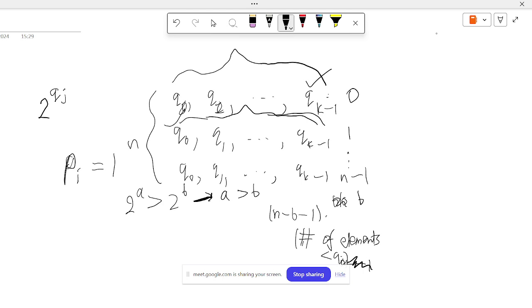Basically, the inversions where the two elements lie in different blocks. So basically, this is just going to be n minus b minus 1 times the number of elements less than qi, regardless of their position.